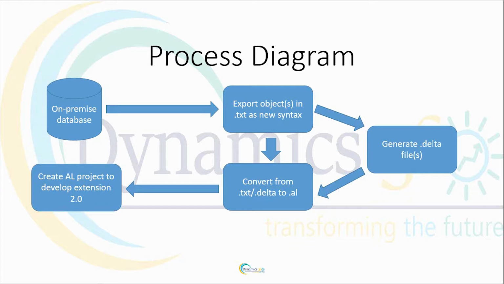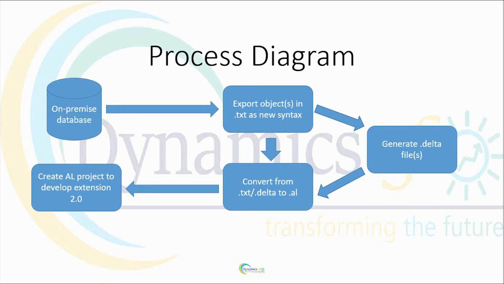We will be doing some customization or development in the on-premise database, and from there we will be exporting objects as .txt in new syntax, and after that we will be converting that .txt into a .al extension file, and after that we can use that AL file in our projects.